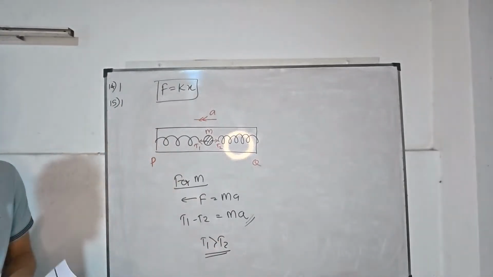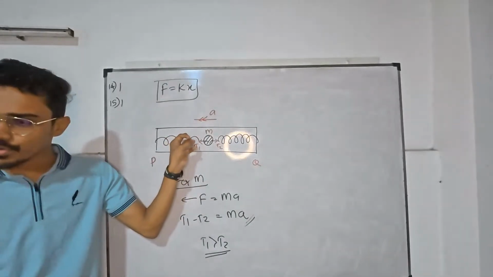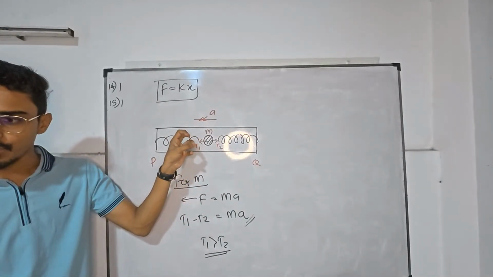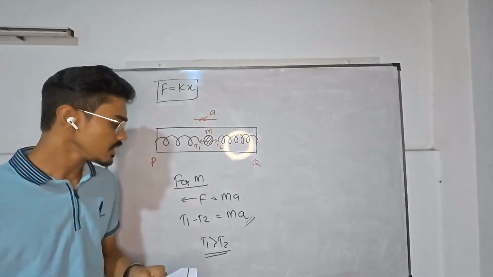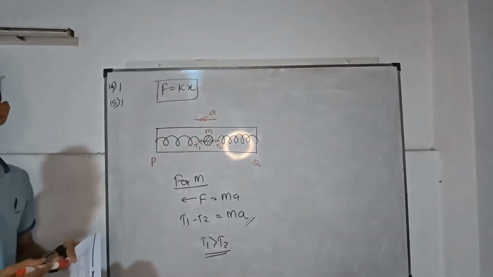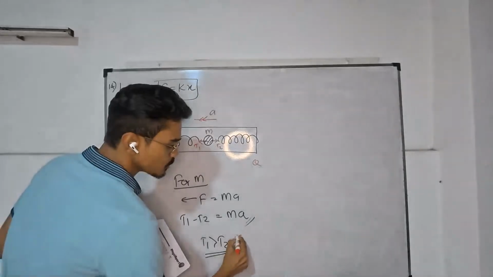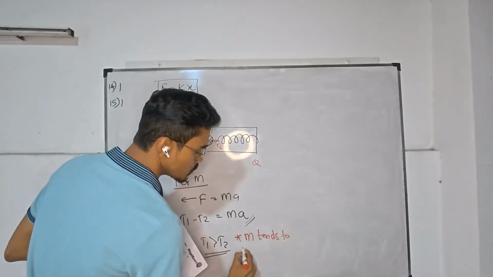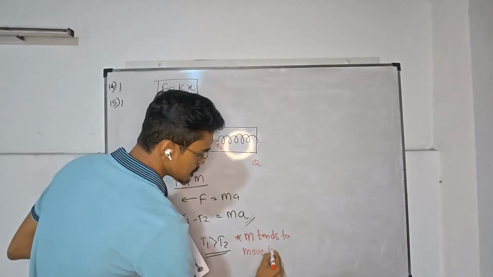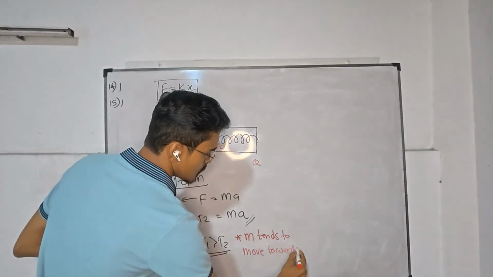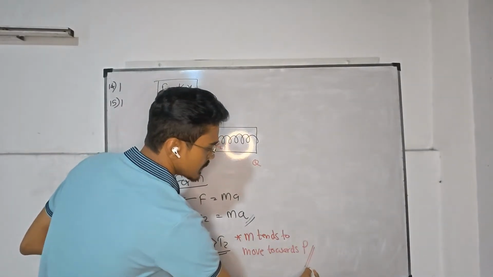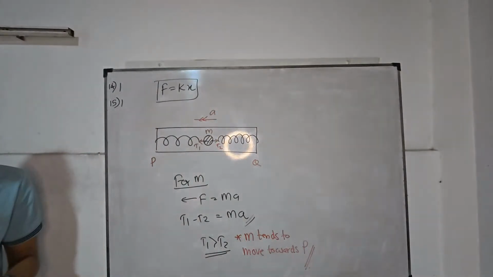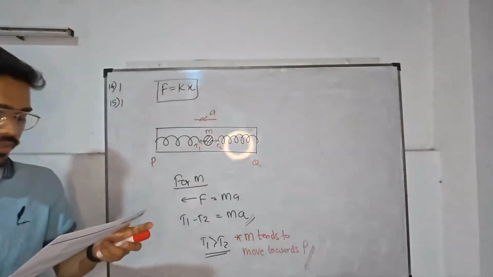Since T1 is greater, the tendency of motion of M is towards P. So M tends to move towards P. Right? So A is correct.